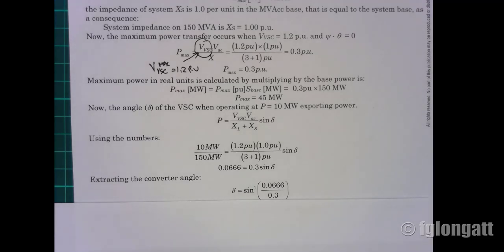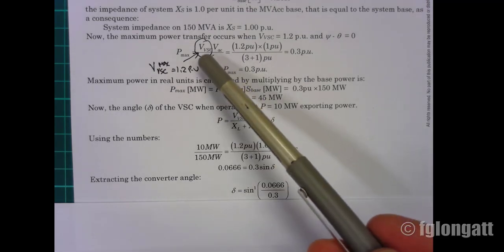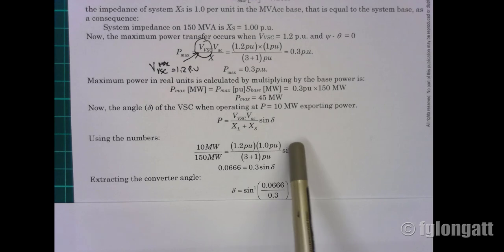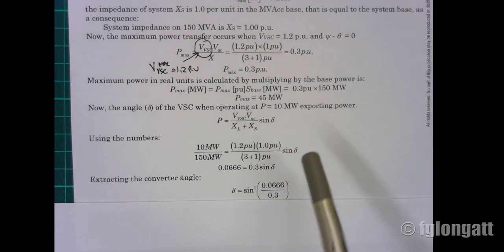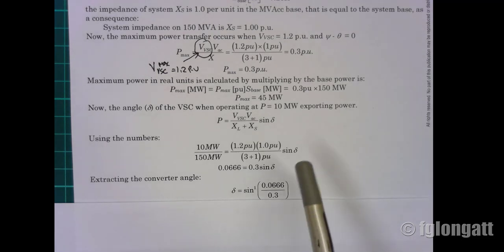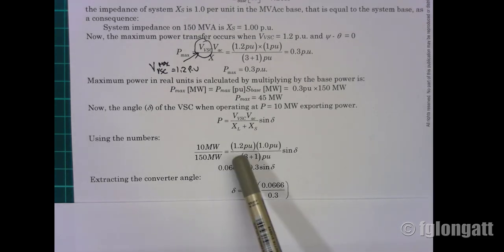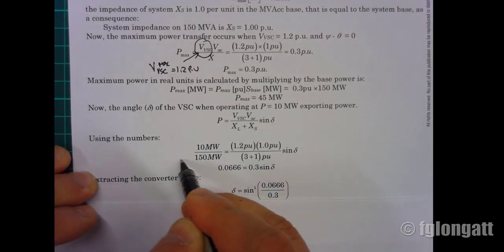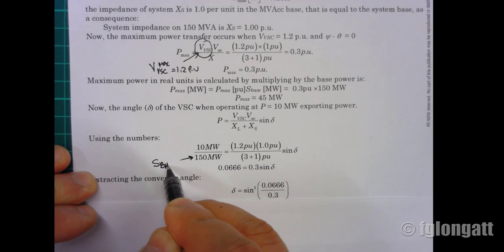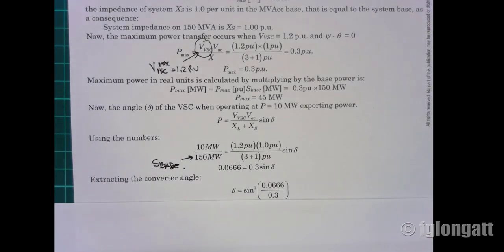Well, if we want to deliver 10 megawatts, what we need to do now is use the same equation, but now we are using a value that is different to the maximum. And for that reason, I would like to know this angle delta that allows me to deliver 10 megawatts, okay? On this side, I will use per unit values, 10 megawatts divided by the base. This is the base, okay?